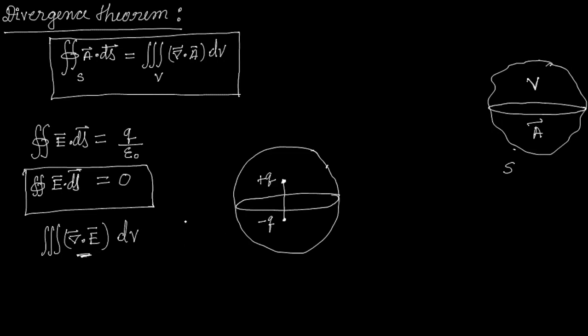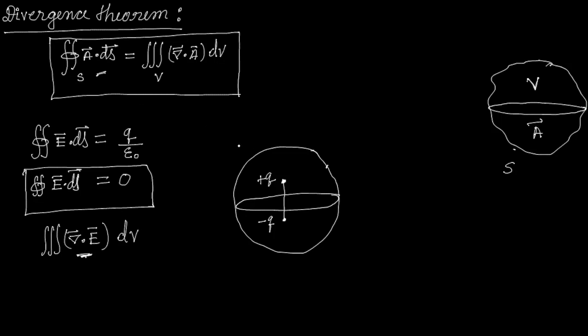We have to take the divergence of the electric field inside the volume, and then if we do the volume integral, we will get the same result in both cases. But this part will give you a picture of what is going on inside, and this side will give you how this flux is passing through this closed surface. Okay.